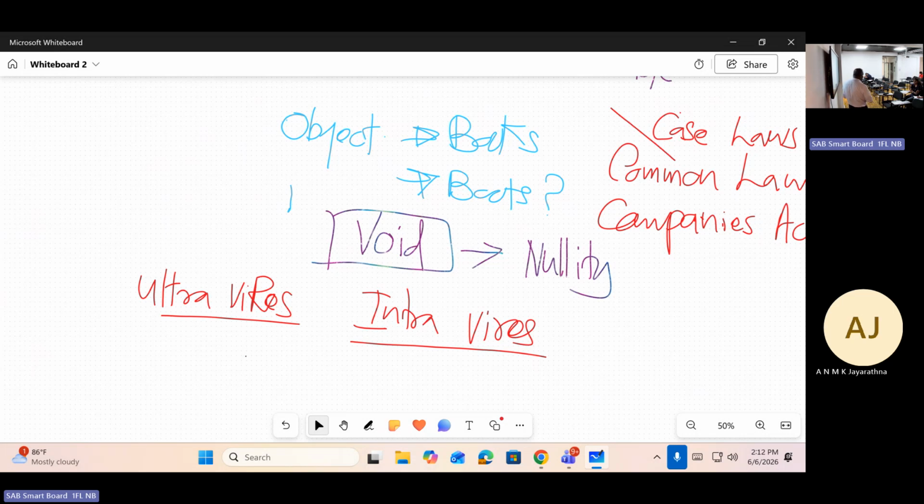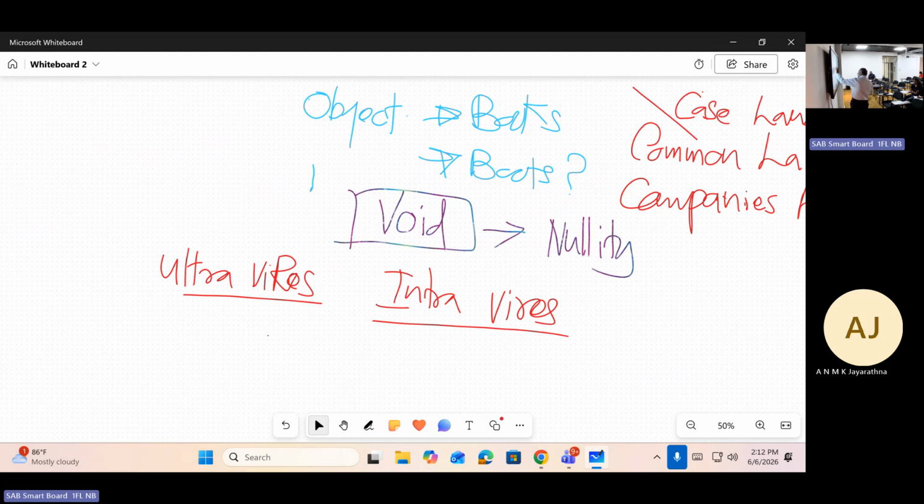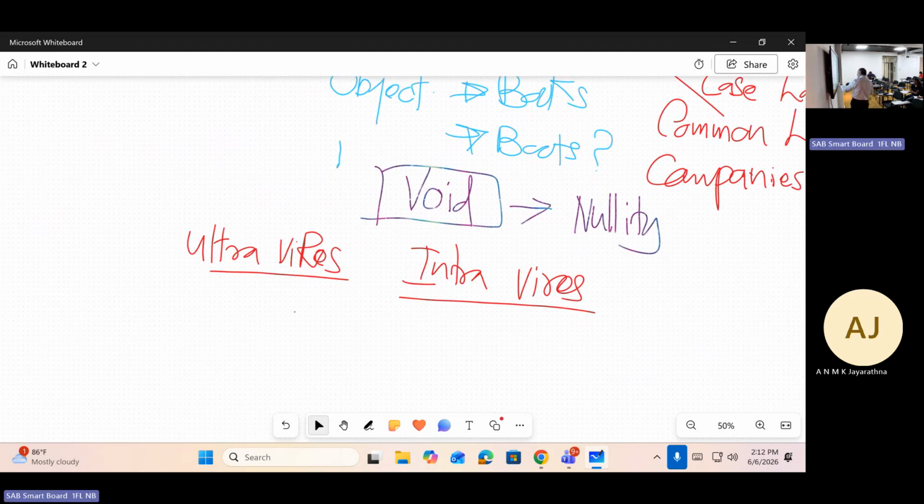The court held this was an ultra vires transaction, therefore void. Even if the contract is violated, no party can claim damages.